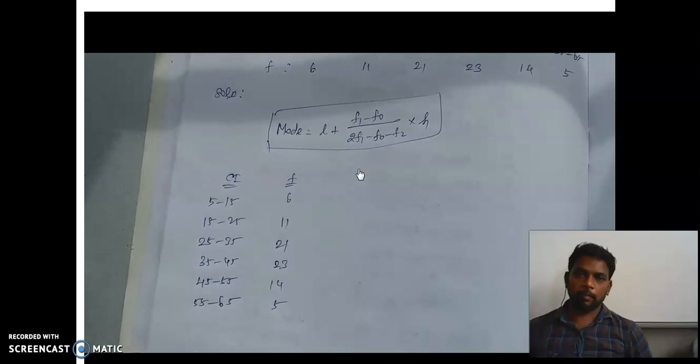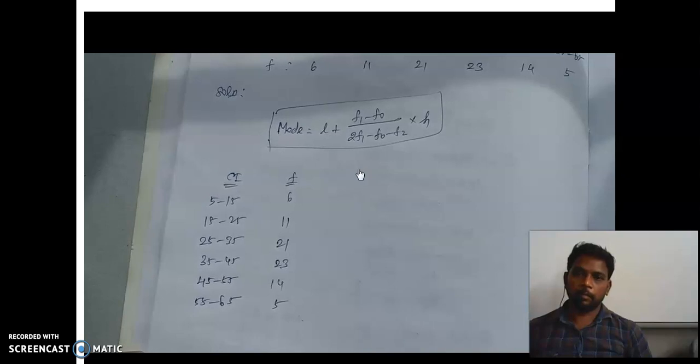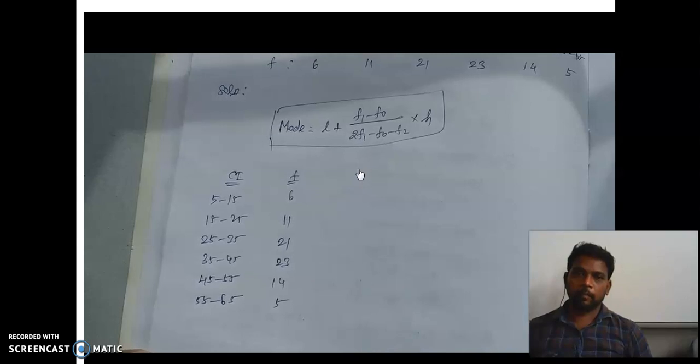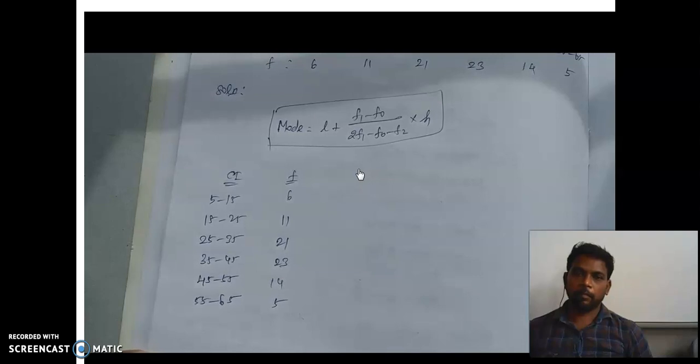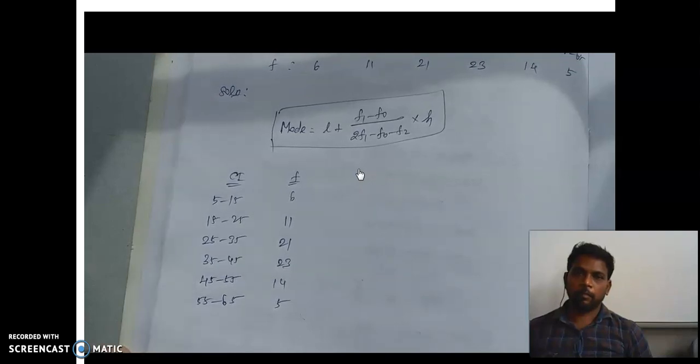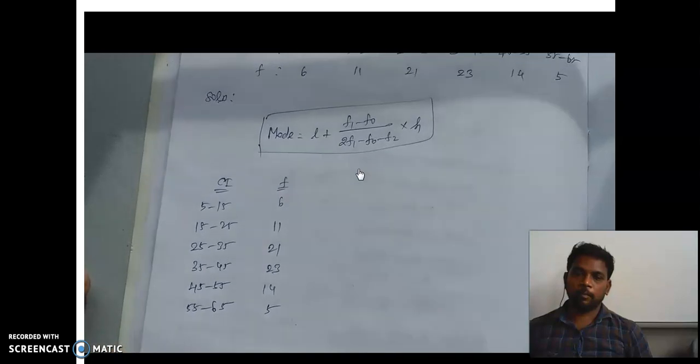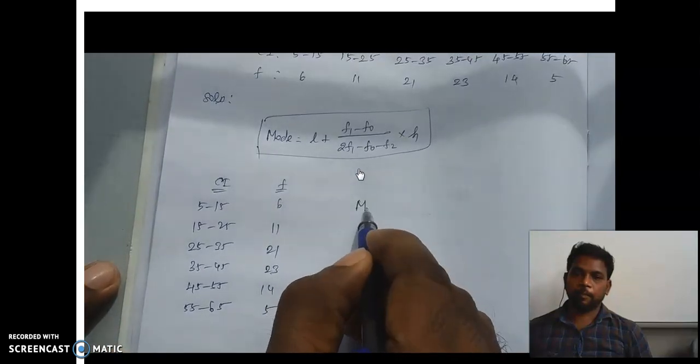Like in the median, for a continuous class we found the median class, right? For finding the L value, F value, H value, everything, that median class was very important. So here also we are going to find the modal class instead of the median class. So what is the modal class?